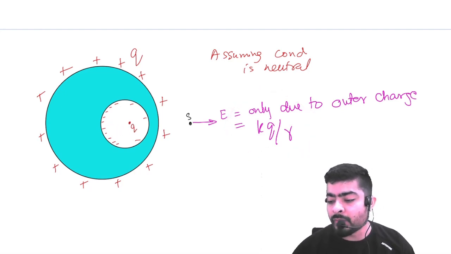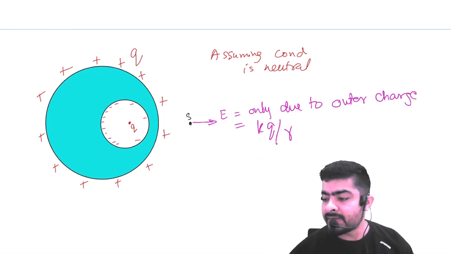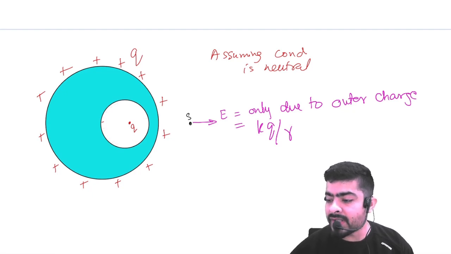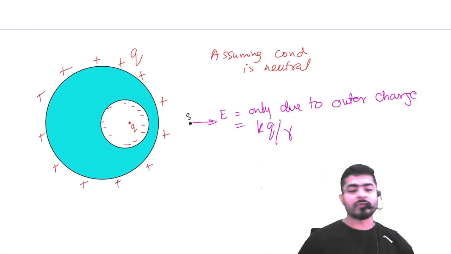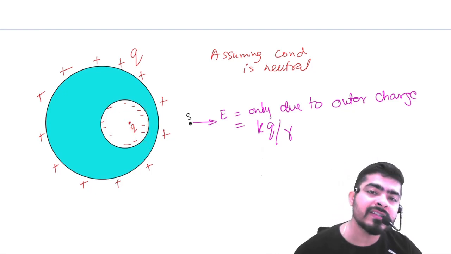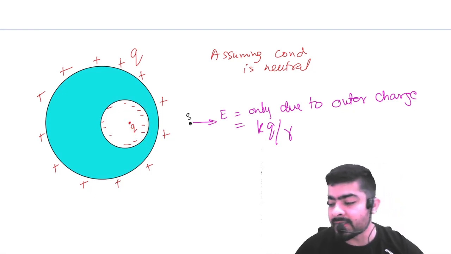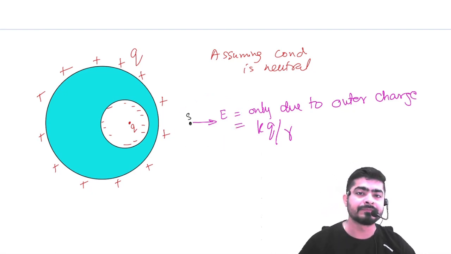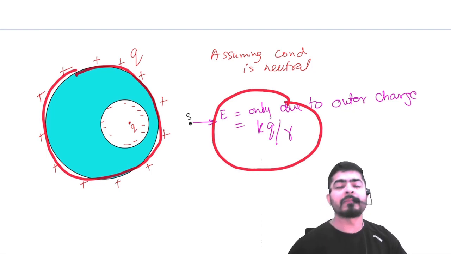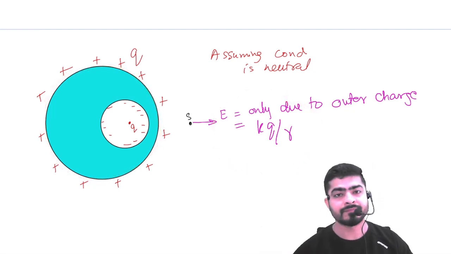If I move this charge towards the right, then the charge on the cavity surface will adjust itself accordingly. Now it will be more towards the right and less towards the left, but still the cavity charge and the small q will cancel each other, so that there is no influence on the outside. So the charge is still uniform, so the electric field still remains kq by r squared.